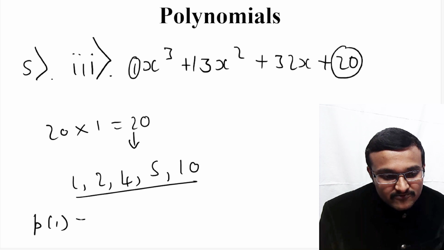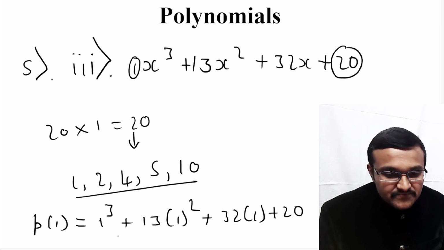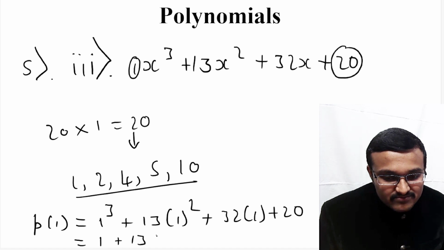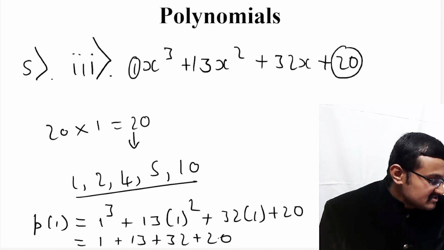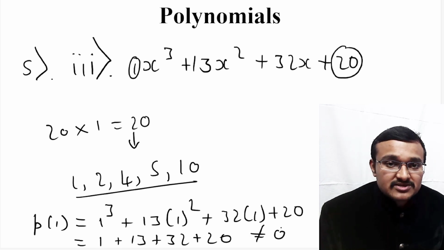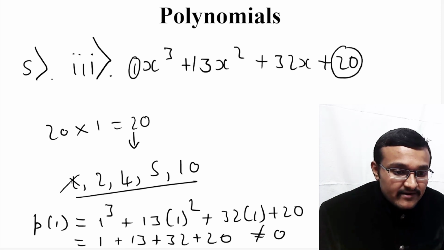So that is p of 1, which is equal to 1 cube plus 13 into 1 square plus 32 into 1 plus 20. So when you do this, 1 plus 13 plus 32 plus 20, you are not getting the value 0. Now we will try p of 2, p of 4, p of 5, p of 10.